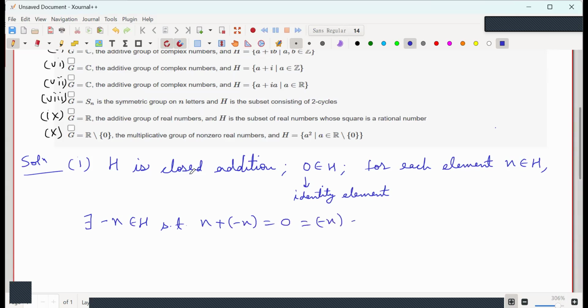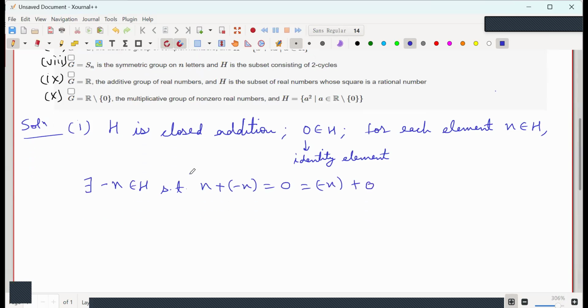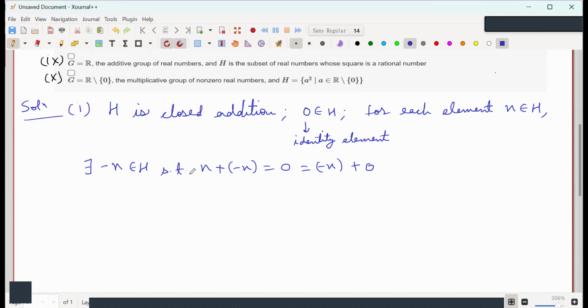So it satisfies all the three necessary properties that are required for a subset to be a subgroup. And thus H is a subgroup of G.